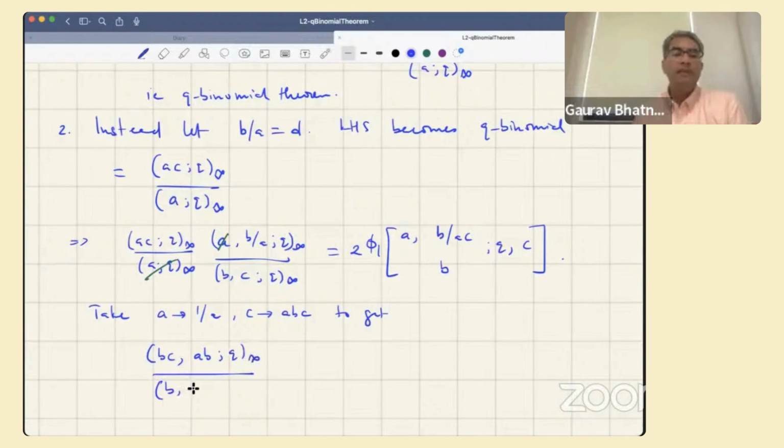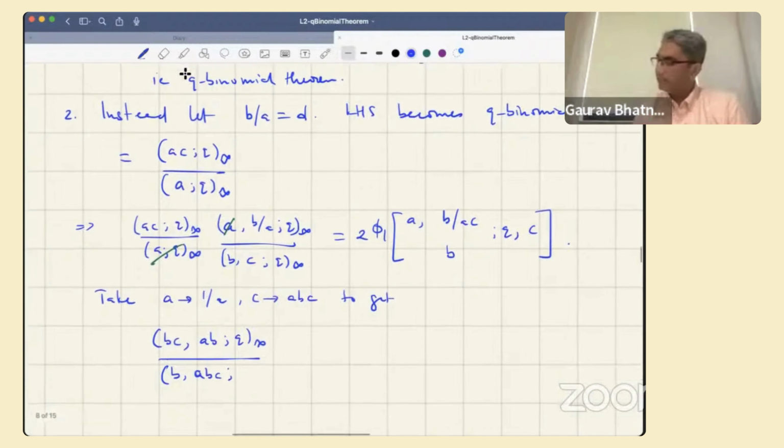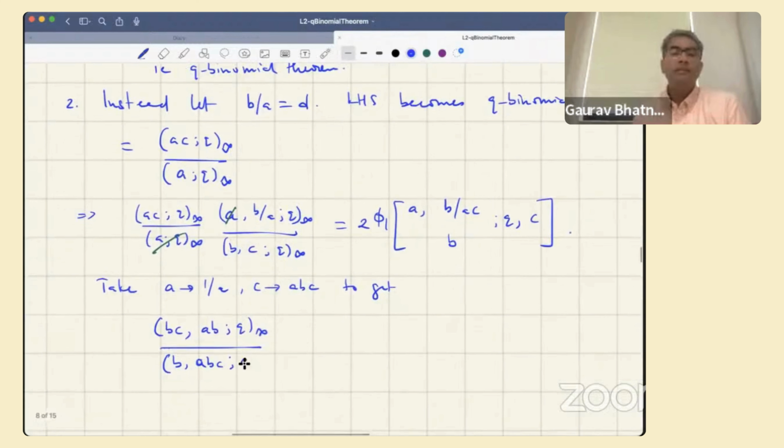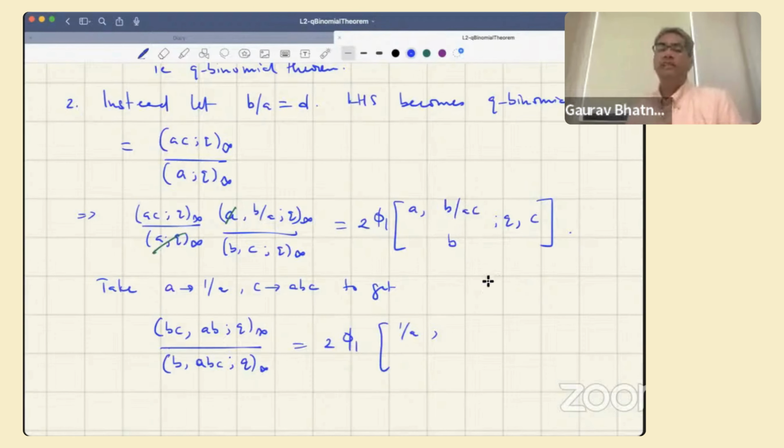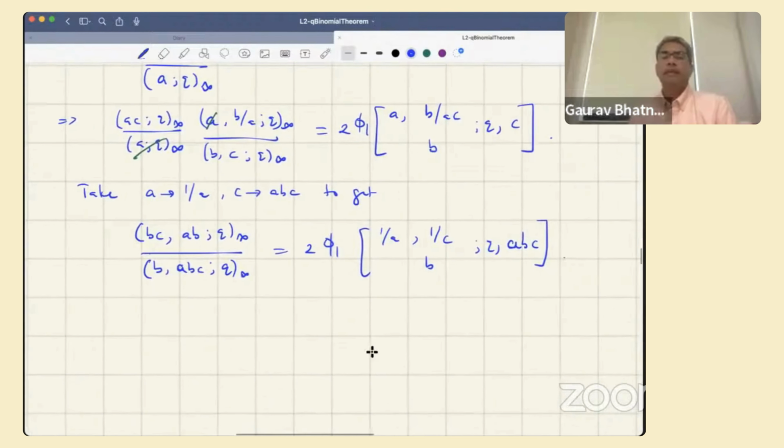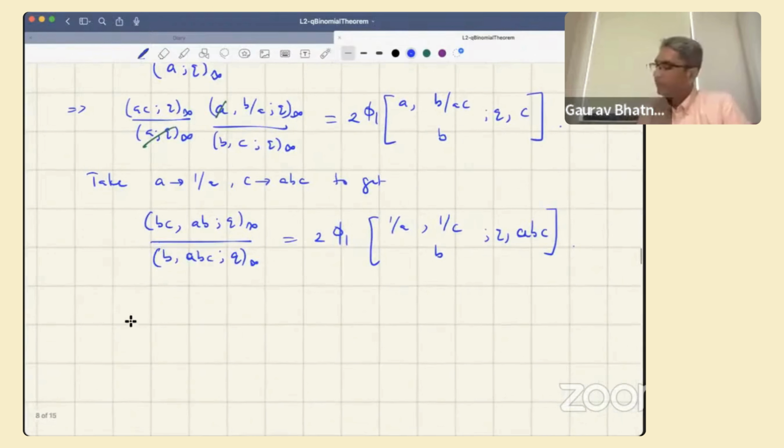Then b is b, c is abc. And this is equal to 2 phi 1. So a goes to 1 over a, c goes to a over b, it becomes 1 over c, b, q, abc. Right, so the way Ramanujan wrote it was by interchanging a and b, and so interchange.